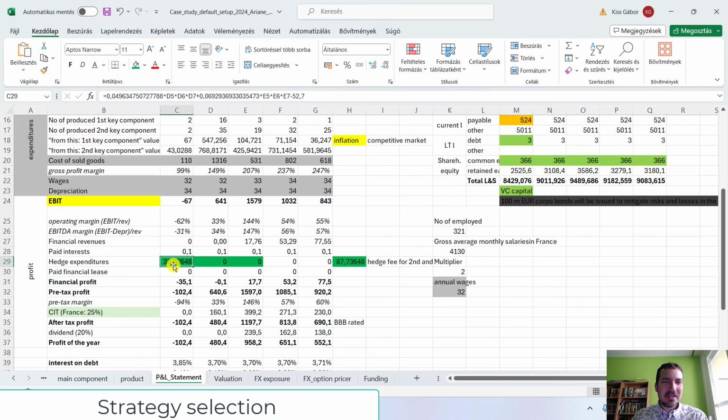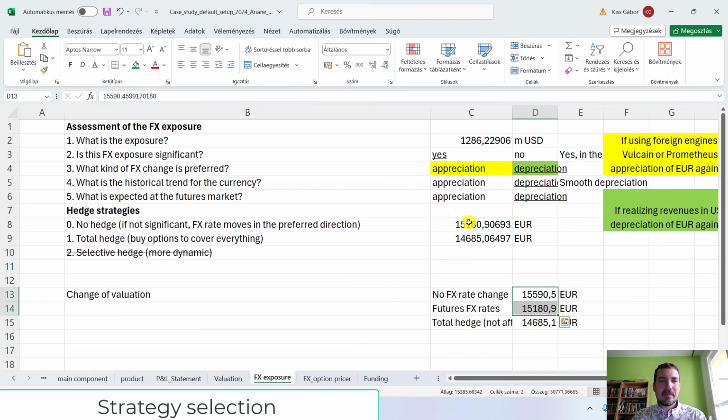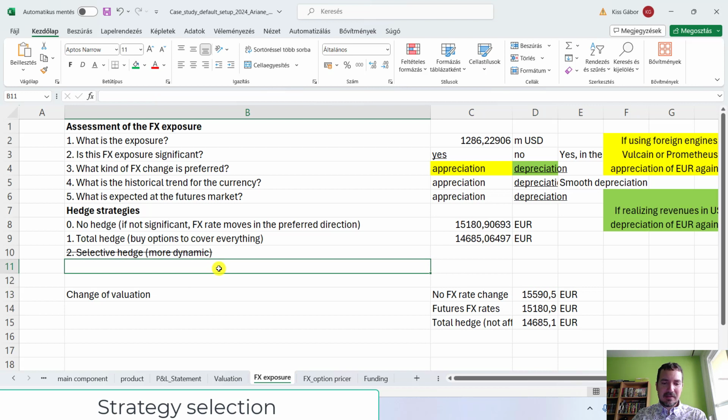Okay, so 35. Okay, so exposure, we can say partial, if we can't afford, we can't afford.